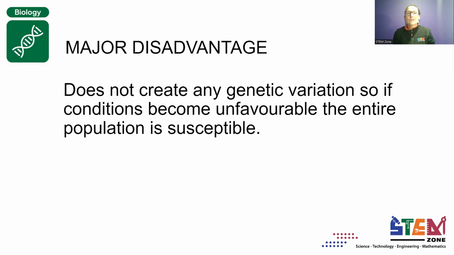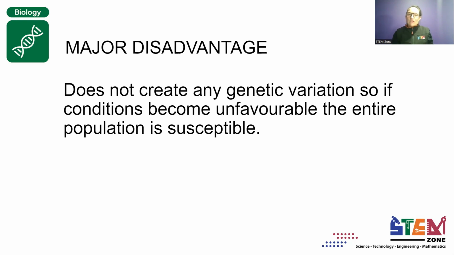So without variation amongst the population, if we're all identical clones, then that's great if the environmental conditions never change, which is pretty much impossible. But if there is a change or an unfavourable situation in the environment, then you're going to see most of those organisms impacted in the same way.